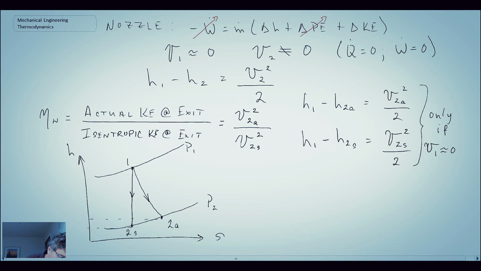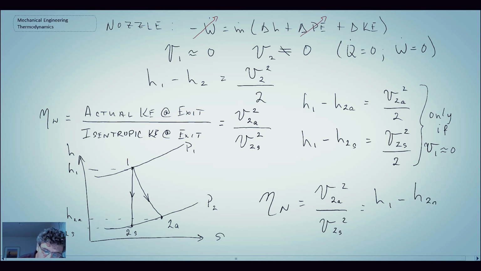The enthalpy values would be H2S, H2A, and H1. With that, we can write out that the efficiency of our nozzle is V2A squared divided by V2S squared, and you can express that in terms of the enthalpy change. I'll box that off.